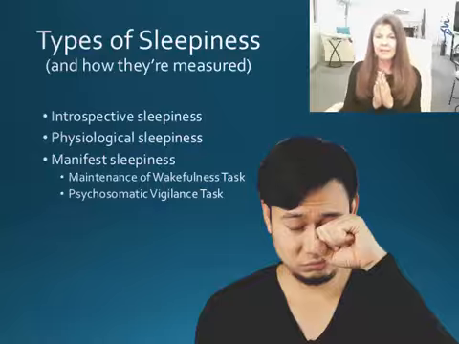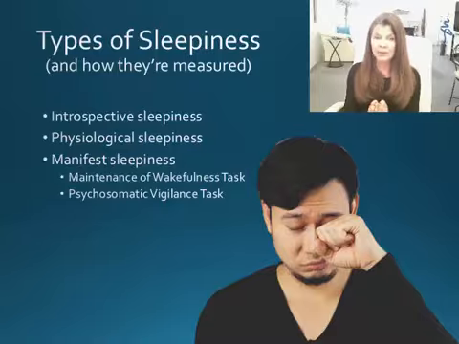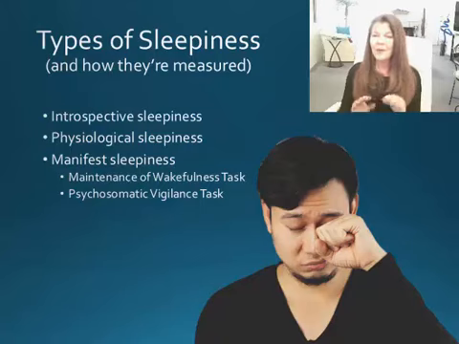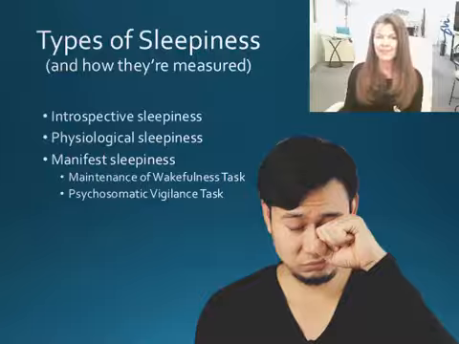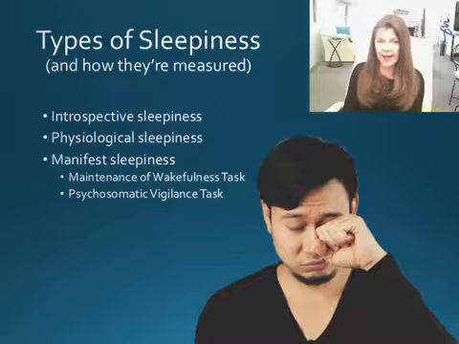Also, manifest sleepiness is measured by various psychomotor vigilance tasks, which involve measuring performance deficits, errors, attention problems, and actual drifting off to sleep. Like the MSLT and MWT, people are in a quiet, dim-lit room and in a semi-reclined position, but in this case, performing a task which is measured for both speed and accuracy.